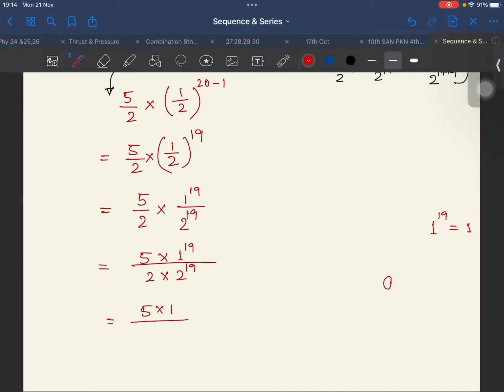Now see, a to the power of p into a to the power of q, how do we write this? a to the power of p plus q, right? So 2 to the power of 1 plus 19. So this will become 5 upon 2 to the power of 20. Is that okay? Yes, sir.